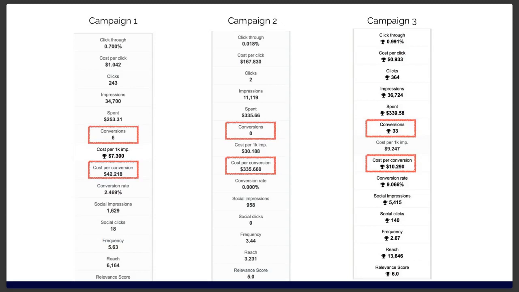So in campaign number 3, we returned to what was working okay in the first campaign, and we knew what wasn't working in the second campaign, so we knew exactly how to improve the campaign to make it run much, much better. Now we got 33 conversions, 33 signups in the same time period for about $10 each.